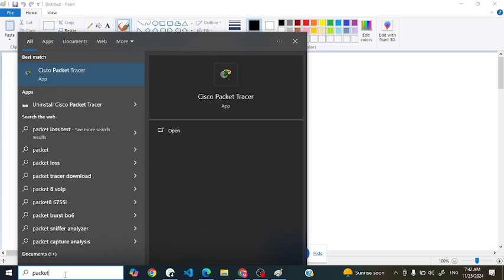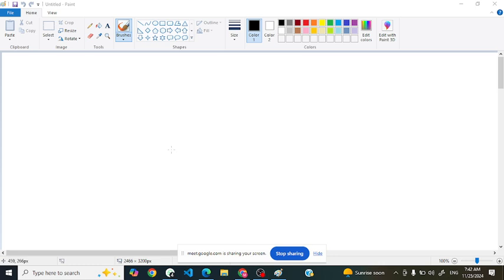What is the meaning of line VTY ranges? Line VTY 0 4 tells how many users can access the CLI. Line VTY 0 4 ranges to 5, so 5 members can access at the same time.